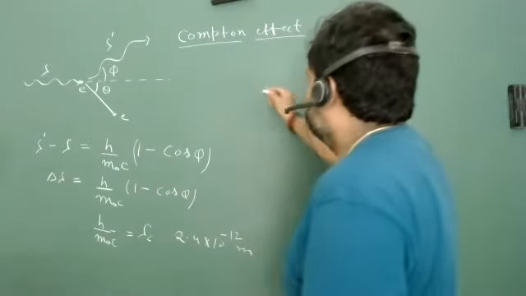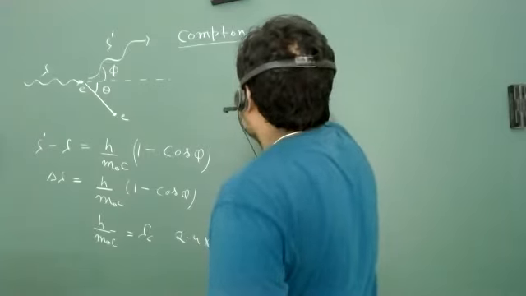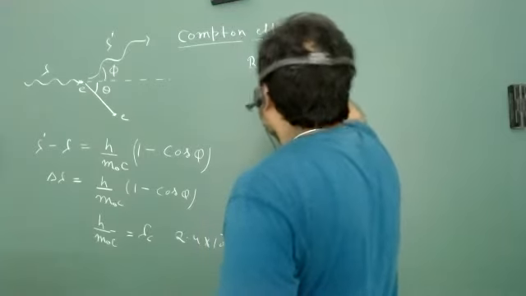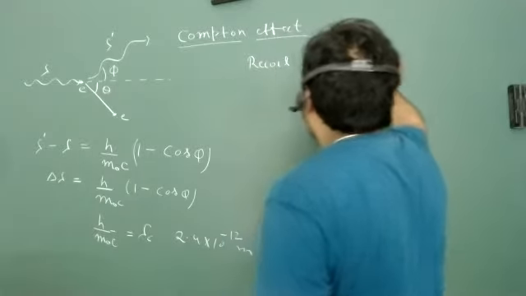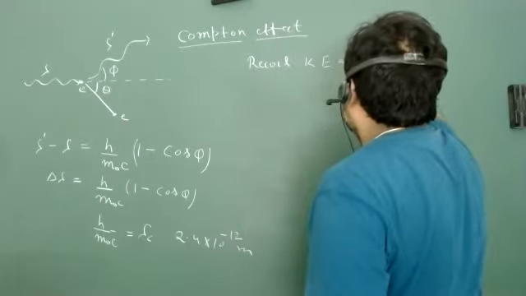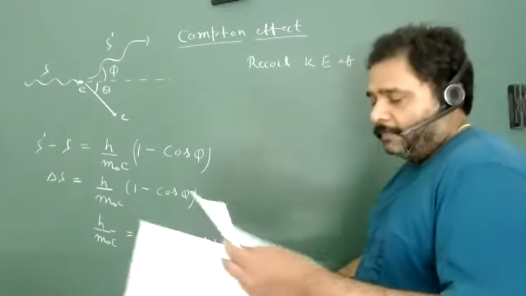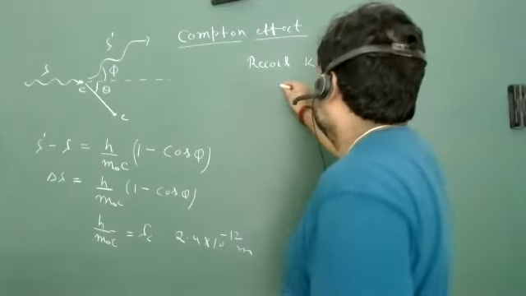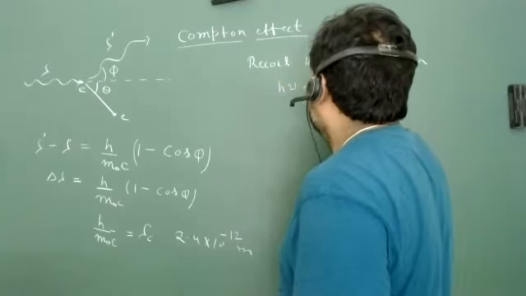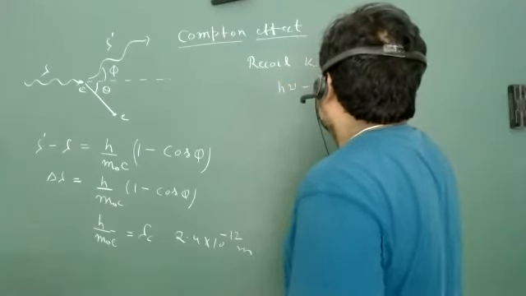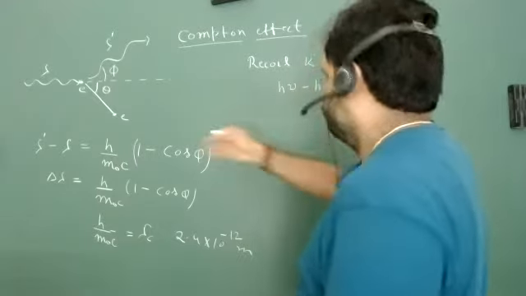Another formula is the recoil energy, the recoil kinetic energy of the electron. You can find h nu minus h nu dash is equal to delta k, and you can write it in terms of lambda also.